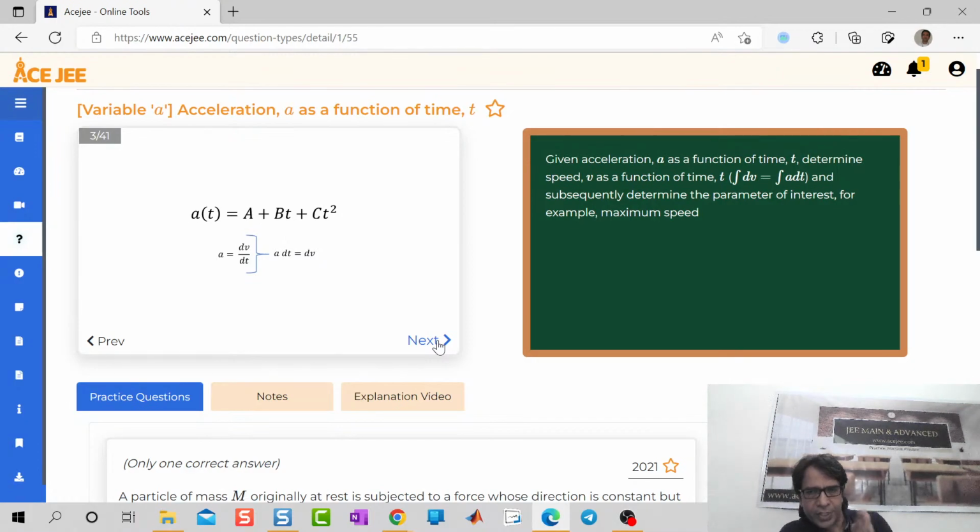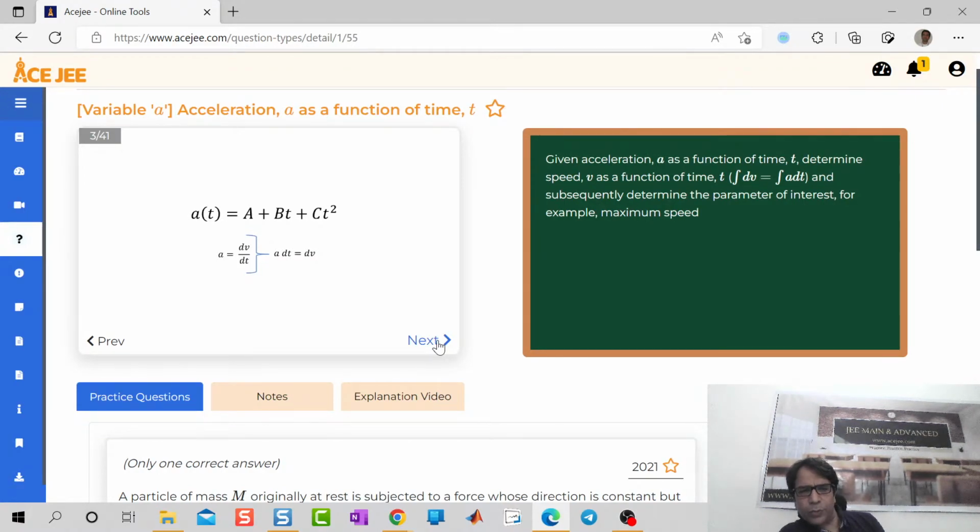Once again, for a particle under variable acceleration, you might be given acceleration a as a function of time t, and you might be asked to determine a parameter of interest, say, maximum speed. It's not that difficult.